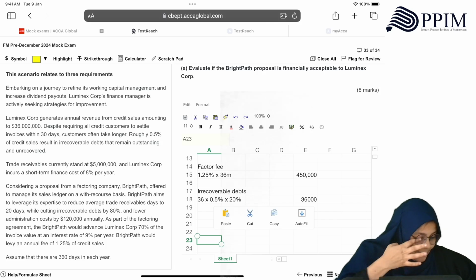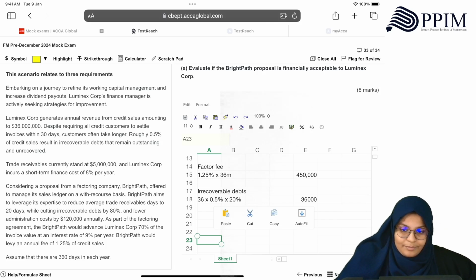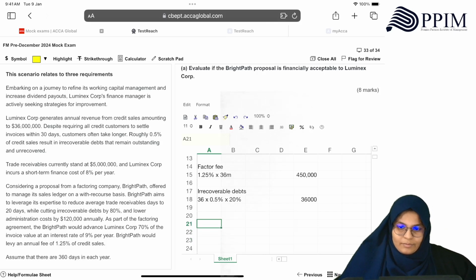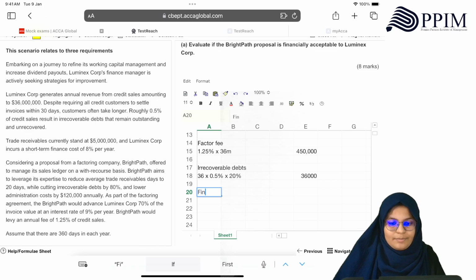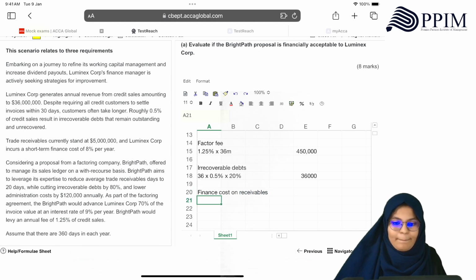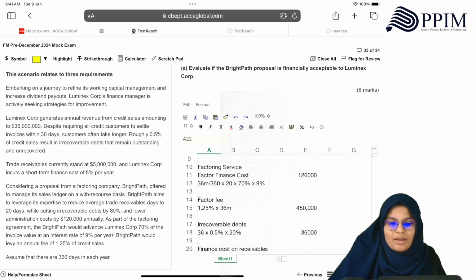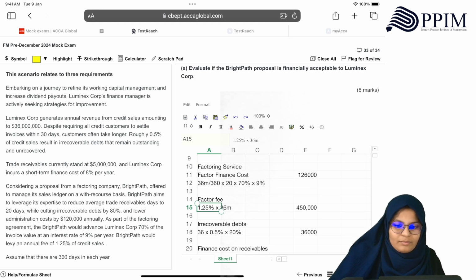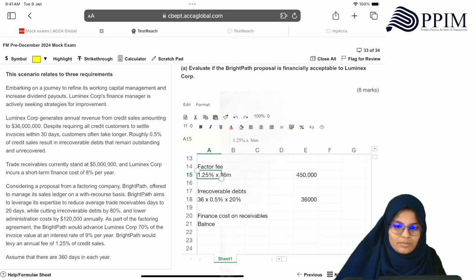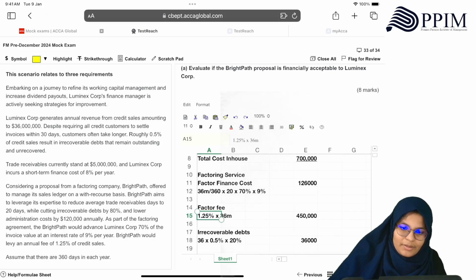So I will call that finance cost on receivables balance. Okay, so that will be the same thing. I don't know why this is not getting copied.